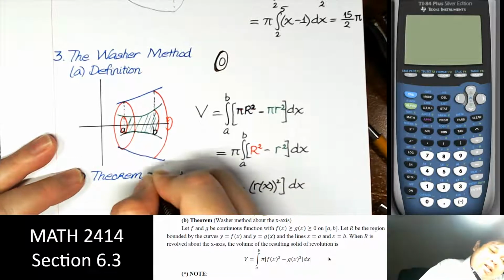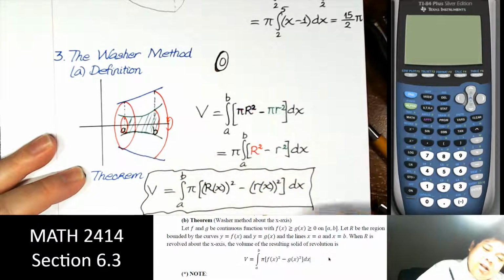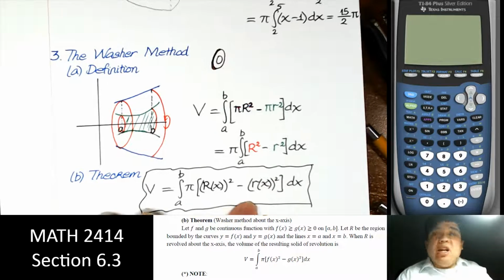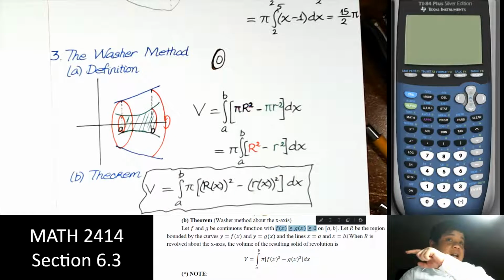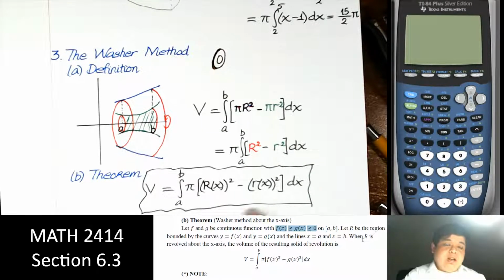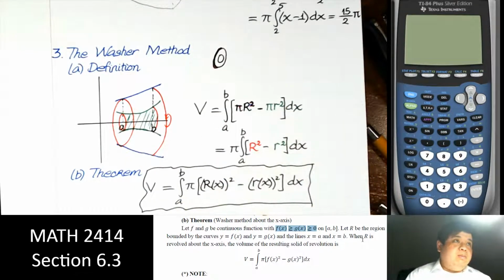Yeah, let's just write it like that. When we write the big radius and the little radius, we don't have to worry about which function is bigger than the other. Just the big radius squared minus the little radius squared with a common factor of pi. So bottom line, it's not that big of a deal.